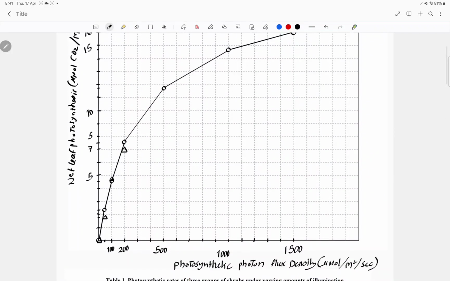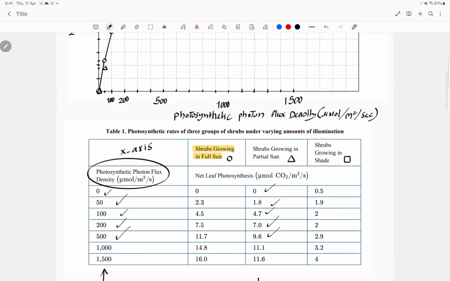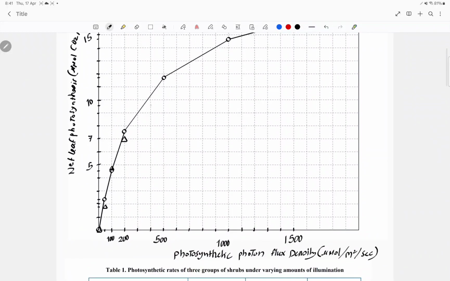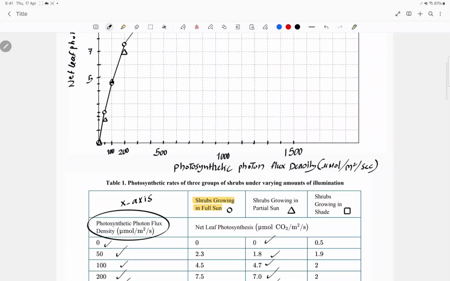Okay, 509.6. So 509.6. So 7, let's see, 8, 9.6 will be here. So 509.6, which is here. Okay, 1,011.1.